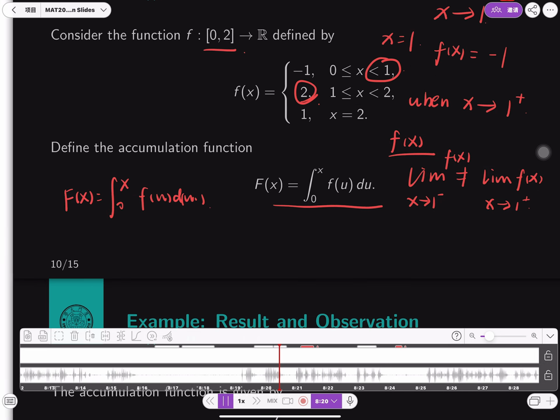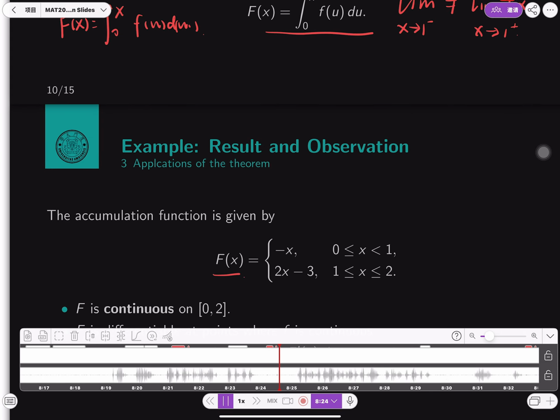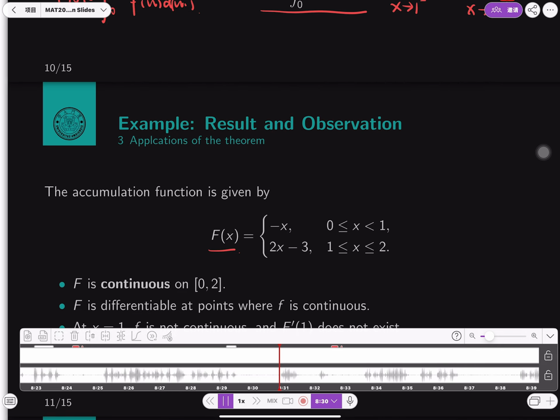Okay, from small f(x) we can get big F(x). After computing the integral, we obtain the form of big F(x): it equals minus x when x is in the interval from 0 to 1, and 2x minus 3 when x is between 1 and 2.